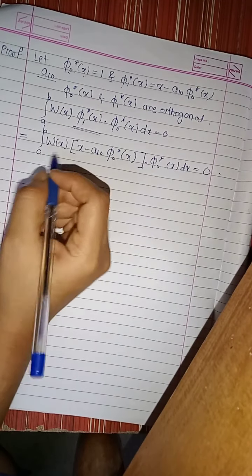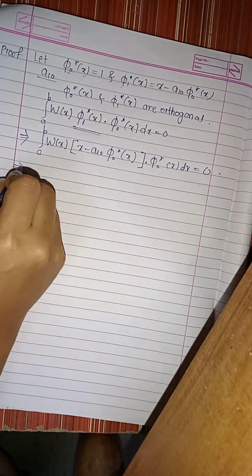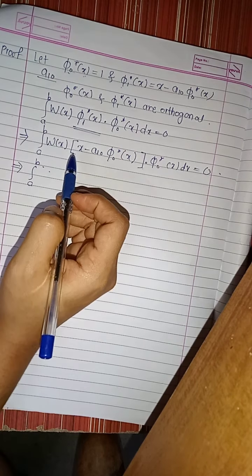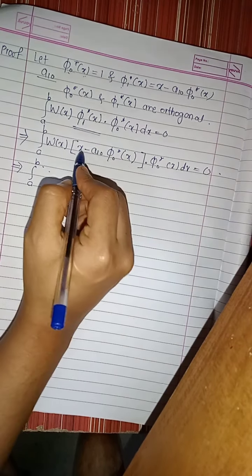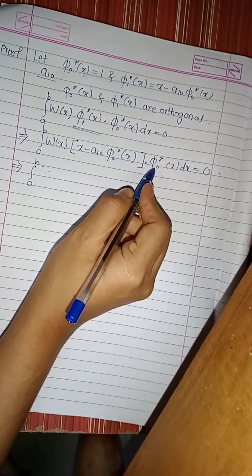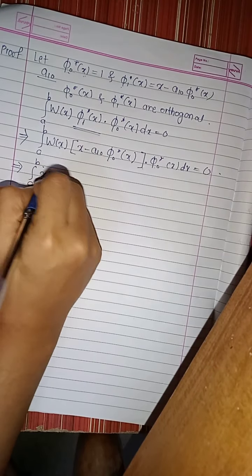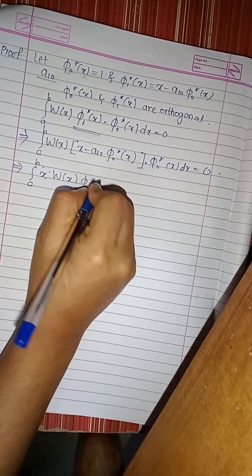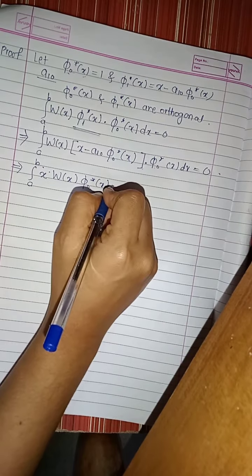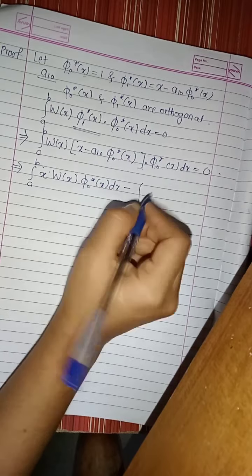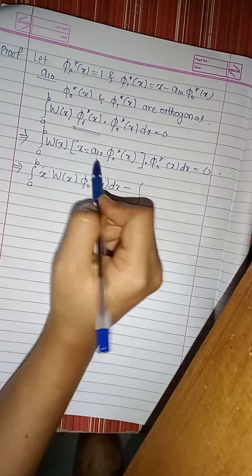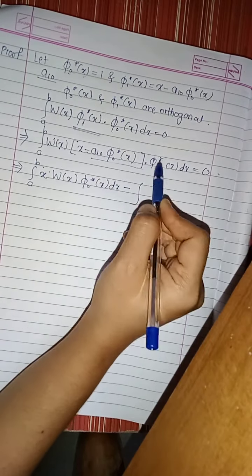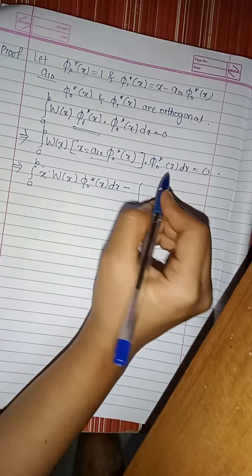In the next line we'll get integral a to b x w(x) phi0*(x) dx minus integral a to b a10 phi0*(x) w(x) phi0*(x) dx.